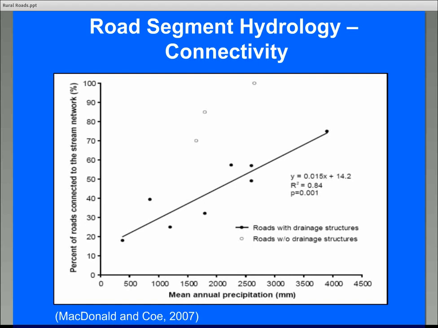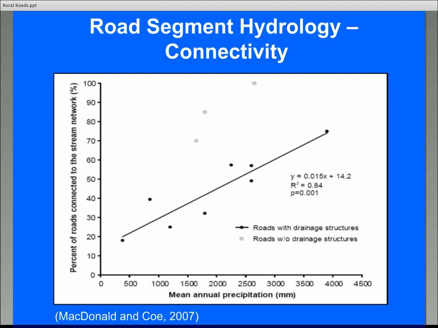Now, connectivity is largely a function of things like rainfall. Here's a schematic showing the percent connectivity of a road network as a function of mean annual precipitation.